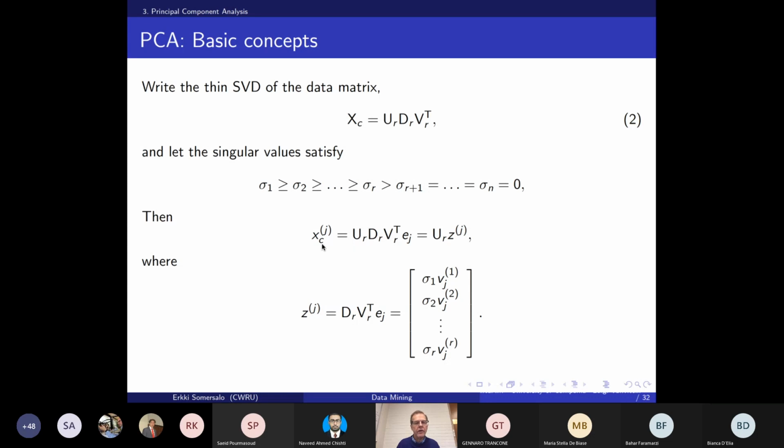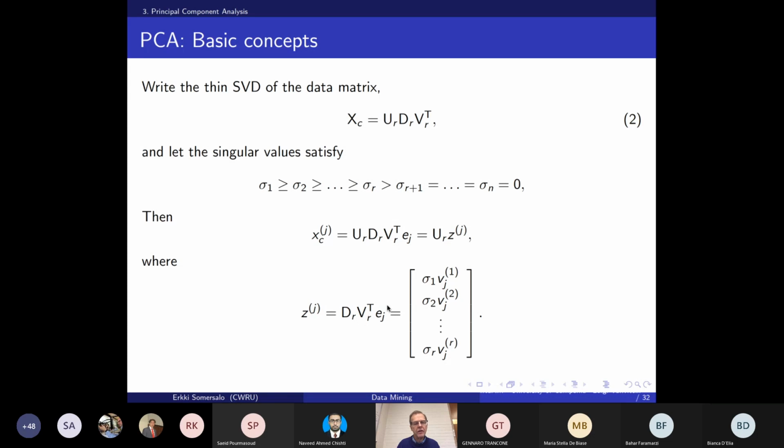And so if I'm looking at the jth column of my matrix XC, remember that column was obtained by multiplying from the right with the canonical basis vector EJ. So what I get is UR times CJ, where the CJ is what is left, which is DR VR transpose EJ.